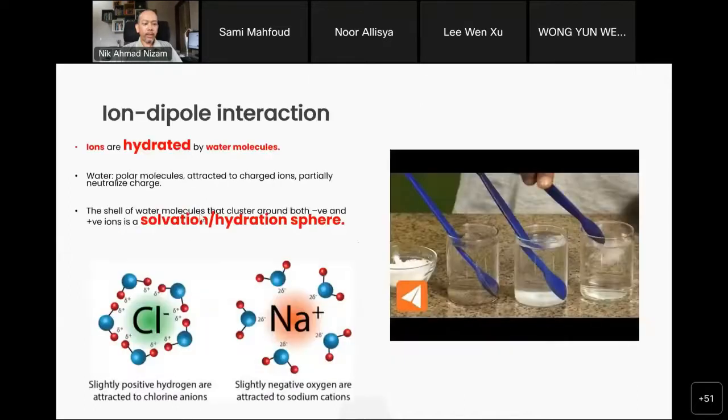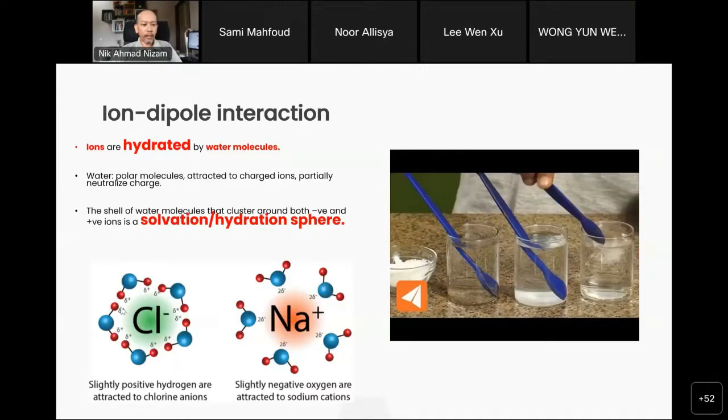Okay, we'll look at this. In ion-dipole interaction, ions are hydrated by water molecules. Water is a polar molecule. This polar molecule, with delta positive and delta negative, can attract charged ions. The shell of water molecules that cluster around both negative and positive ions is a solvation or hydration sphere.